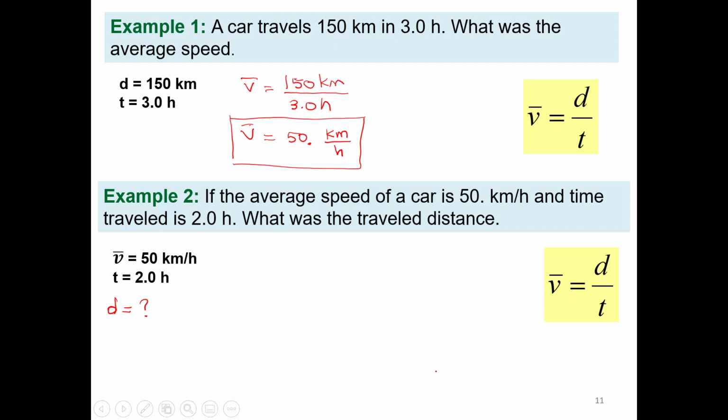And the next thing is we want to identify what equation we can use. Because we know the average speed and we know the time, this is the equation we can use to calculate the distance. And now the next thing is we want to solve for the variable we need to find.